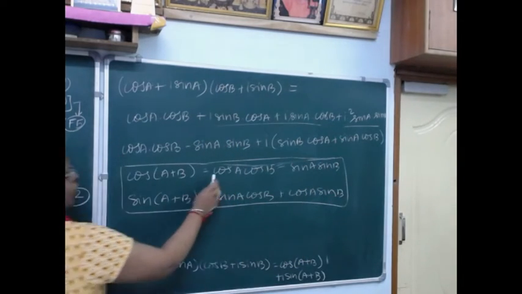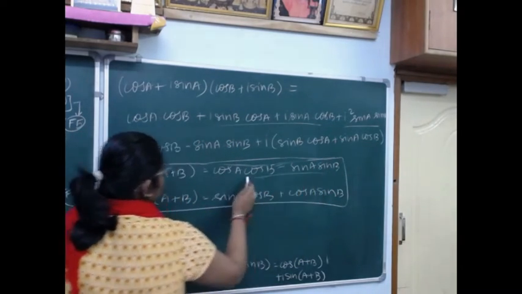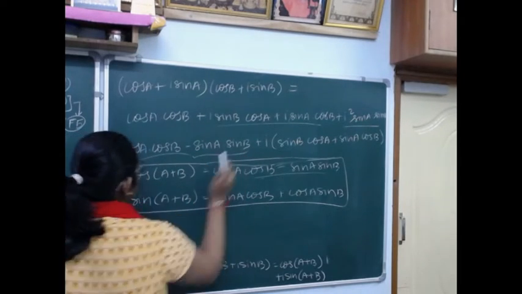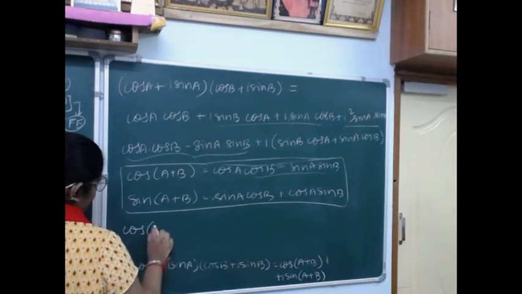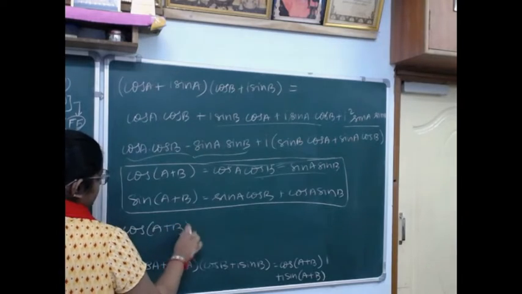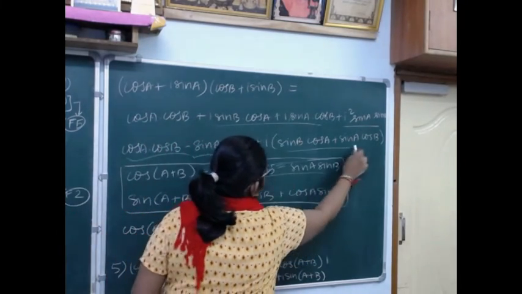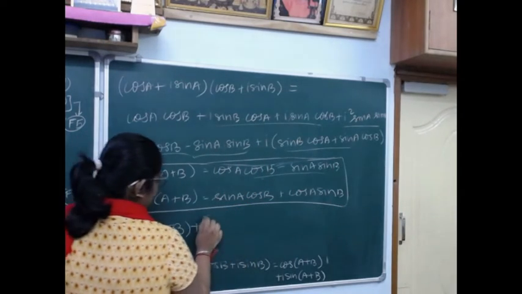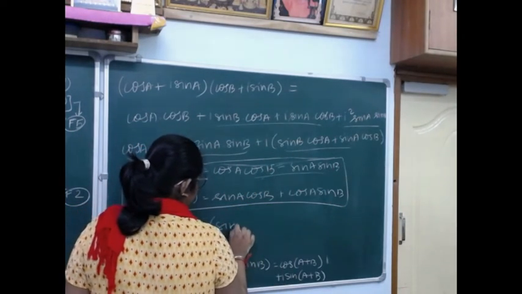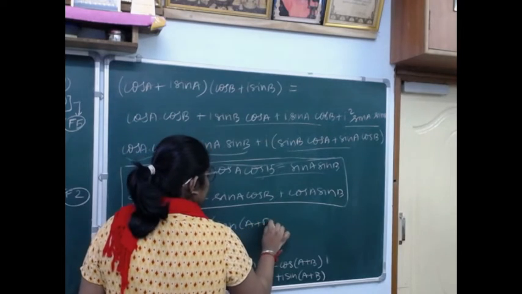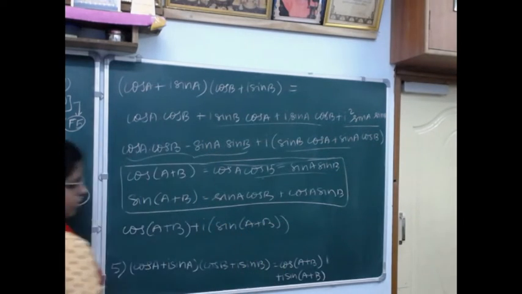First, cos A cos B minus sin A sin B resembles the first format, so we substitute cos of (A + B) here. And sin A cos B plus cos A sin B resembles the second format, so plus i sin of (A + B). So we have got the output now: cos of (A + B) plus i sin of (A + B). Similarly, for 4 terms, they have explained in the sum.